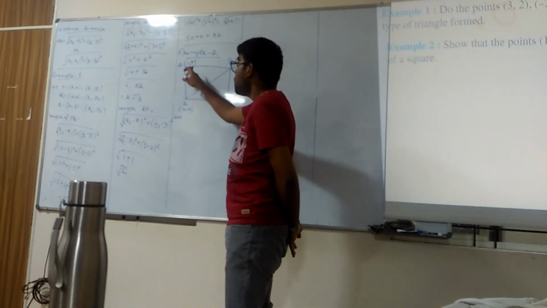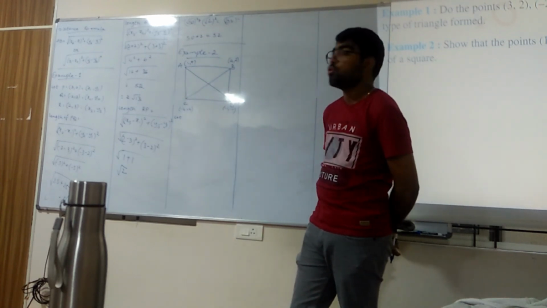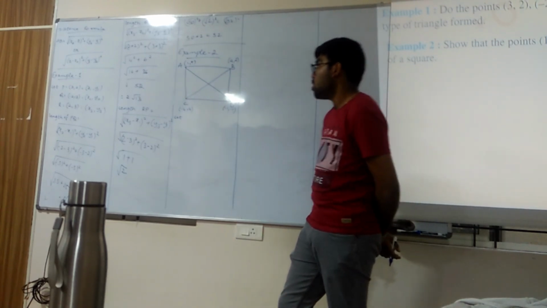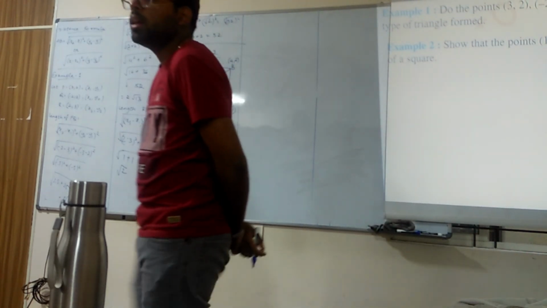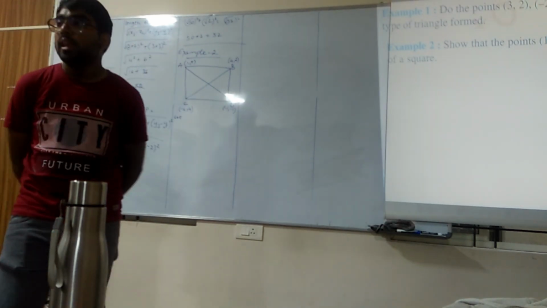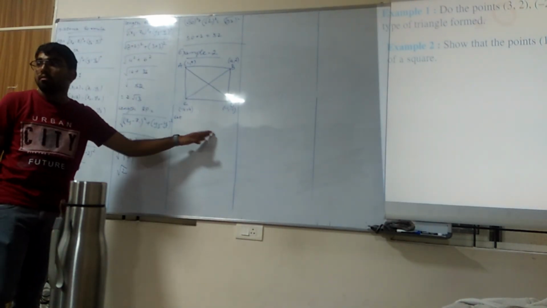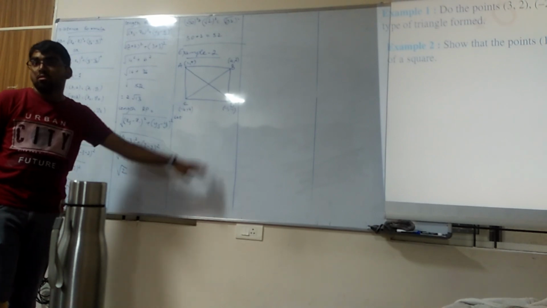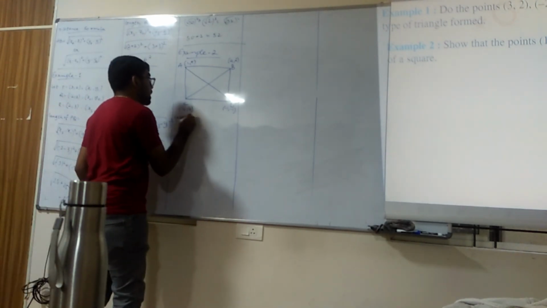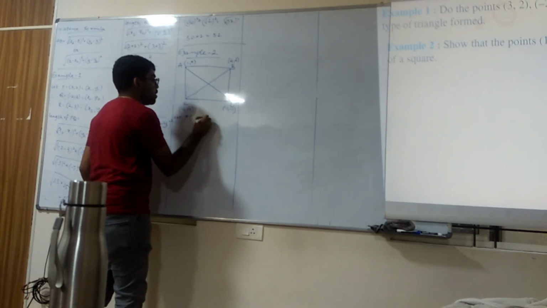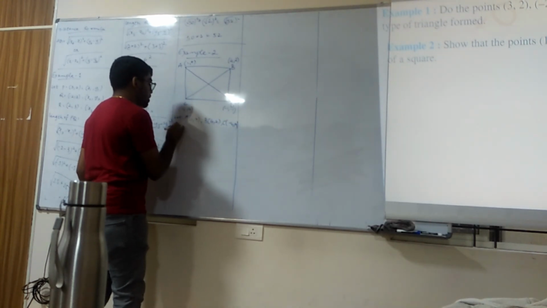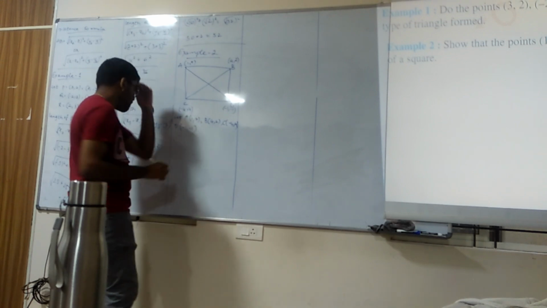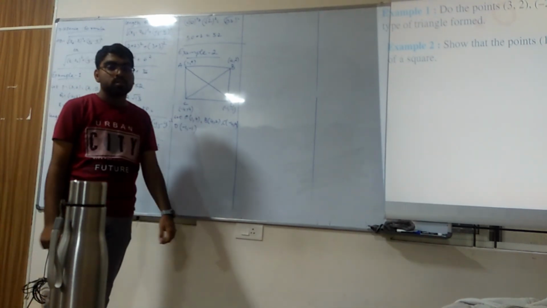Let A (1, 7), B (4, 2), C (-4, 4), D (-1, -1). Did you write? Okay?